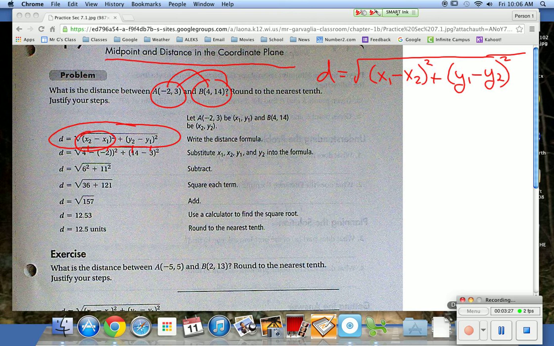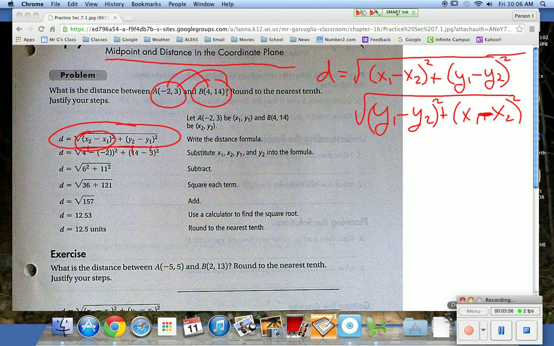Just know that you have to do the x's. Can I switch these around, do y's in front of x's? Yeah, why not? I'm just adding them, right? So I could switch this around and say it like this: y1 minus y2 plus x1 minus x2, and then squared on both of these.